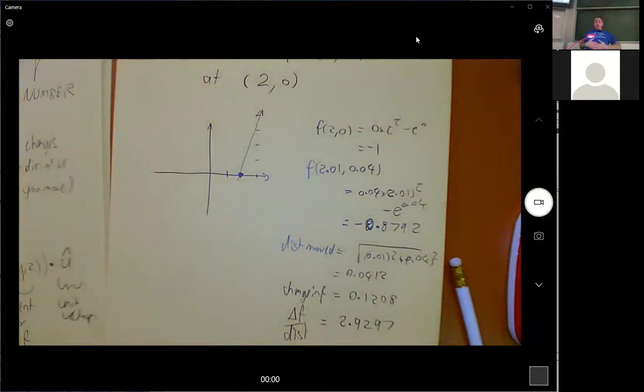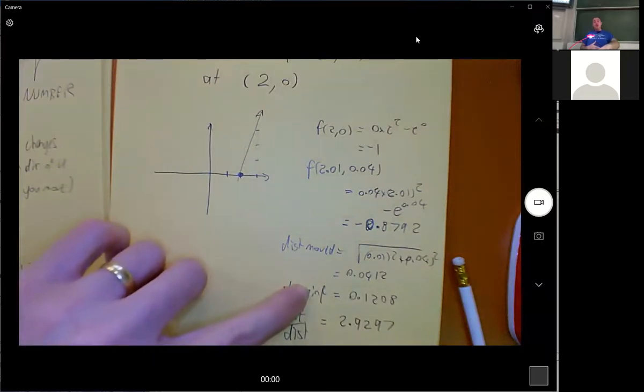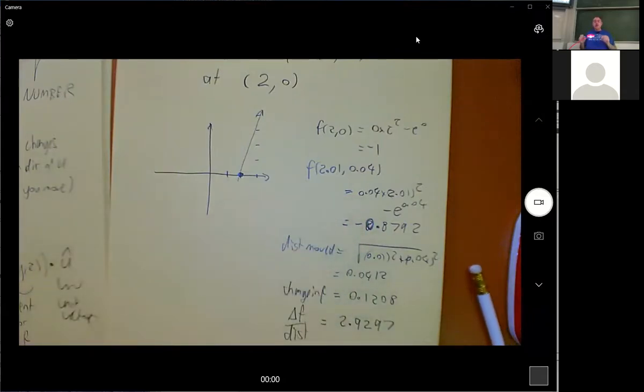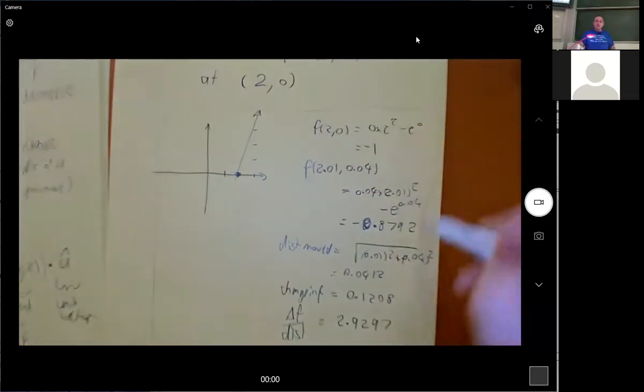So I reckon that the directional derivative is going to be about 3. The amount that f changed by is about 3 times the distance that I moved. But we're doing this derivative-wise, so it has to be a really small distance. But I just wanted to point out to you that this is what's going on.